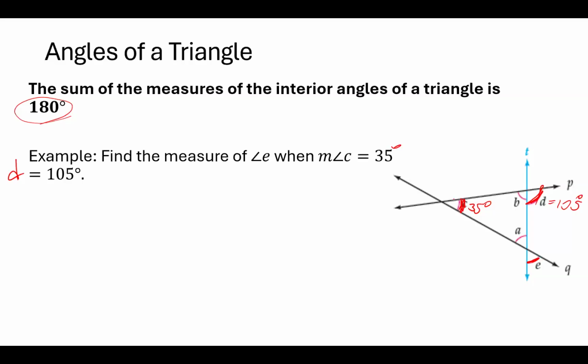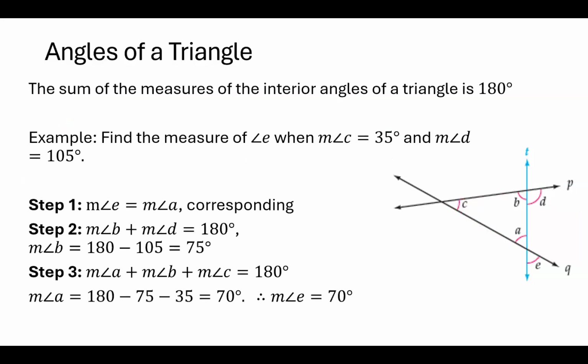The thing to notice here is that we have a triangle right here. So I'm going to use that idea. First of all, notice that E and A are the same because they are vertical angles. So if I want to find E, it's enough to find A. I put corresponding, but these are vertical angles, or opposite angles.